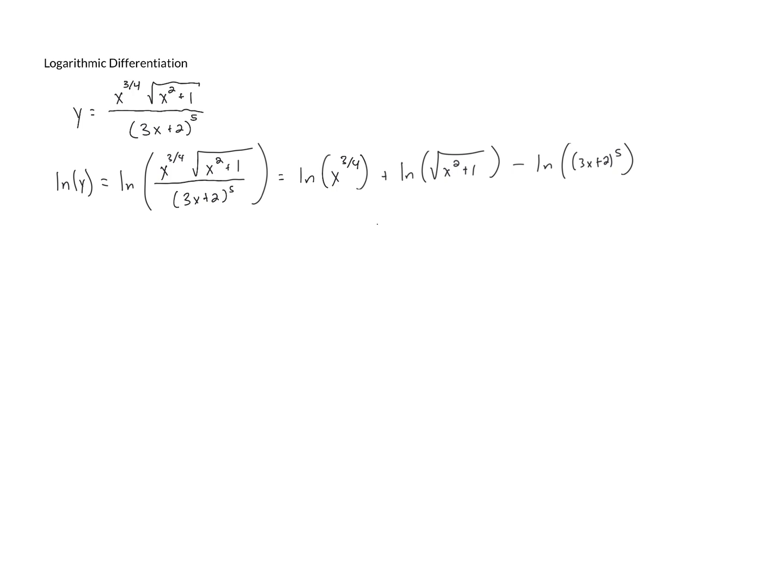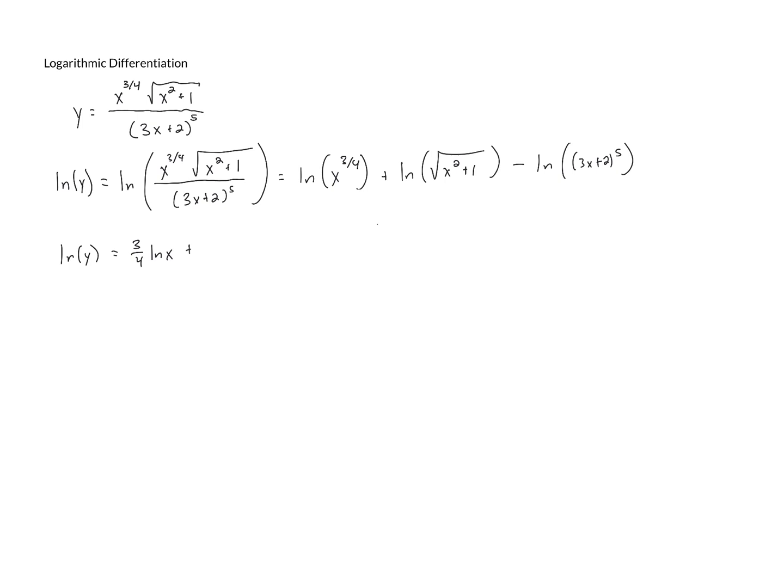So I'm going to rewrite ln of y down here, and I want to look at all of these expressions and pull the exponents out front. So for this first one, we can pull the 3/4 out front. So that's going to be 3/4 times ln of x. Now for the next one, we've got a square root, but we know that the square root of an expression is the same as raising it to the 1/2 power.